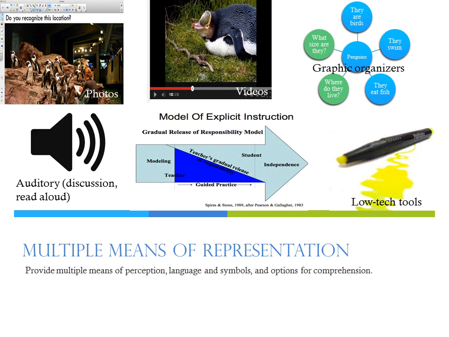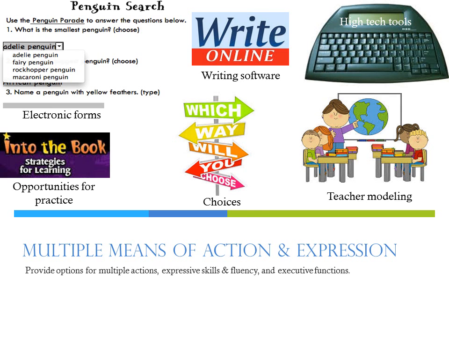Multiple means of representation includes providing multiple means of perception, language and symbols, and options for comprehension. Some examples from my unit include photos, videos, graphic organizers, auditory information such as discussion and read aloud, explicit instruction, and low-text tools such as highlighters.